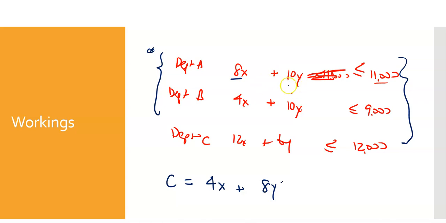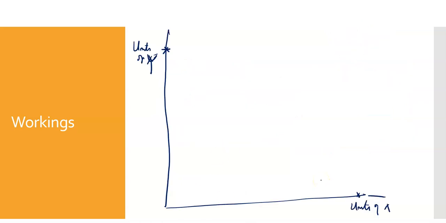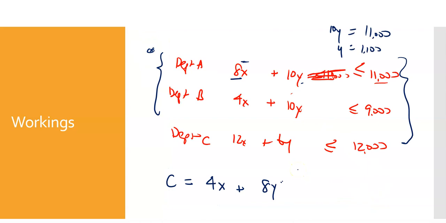Y's, I would make 1,100, right? I'd make none of these. I'd make only Y's, so I'd have 10Y equal to 11,000. So that means Y is equal to 1,100. So going forward, this would be 1,100. Or if I chose only to make X's, I would have 8x equal to 11,000, which is about 1,300 and something.